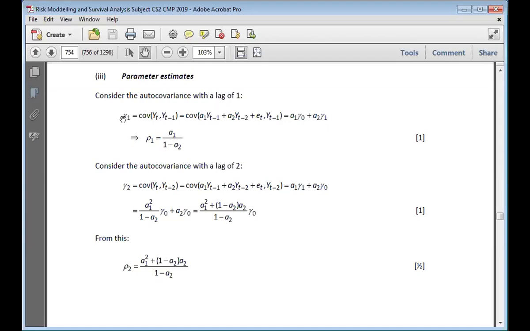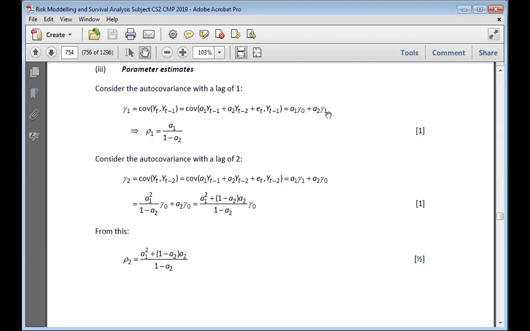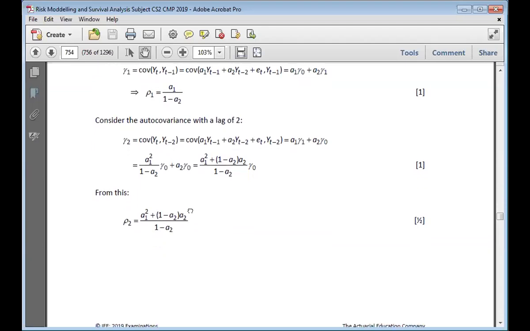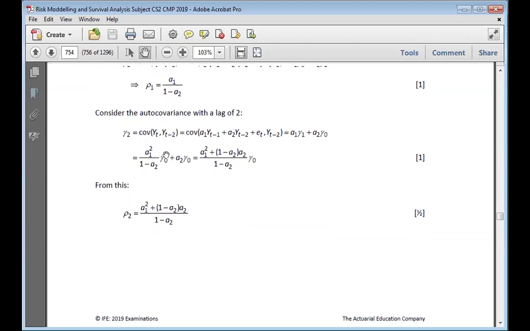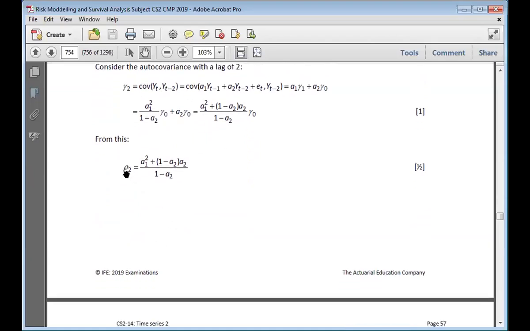And if you divide this by gamma 0 everywhere, you get this relationship here, because this will just become 1. And here you will have gamma 1 upon gamma 0, which is the same here. So you will take this over there and you will have 1 minus alpha 2, and your rho 1 is just this. And for the next autocovariance, you consider lag 2 and you get some expression like this. So what you will get is the value for rho 2.